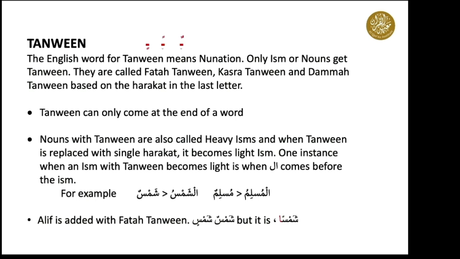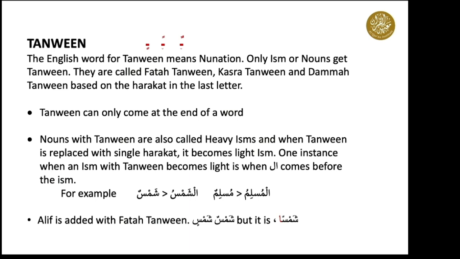Let's look at tanween. The English word for tanween means nunation. Only ism or nouns get tanween. They are called fatha tanween, kasra tanween, or dhamma tanween, based on the haraka in the last letter. Tanween can only come at the end of the word.